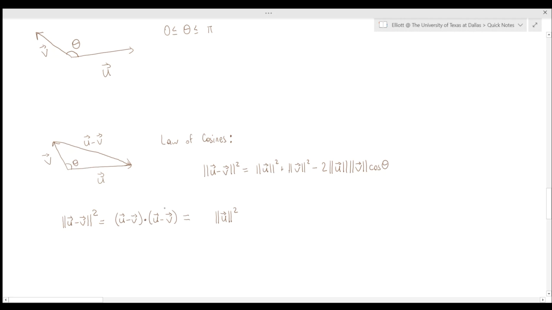You get minus u dot v minus v dot u, which combine to be minus 2 u dot v. And then in the end, you're going to get plus the length of v squared.